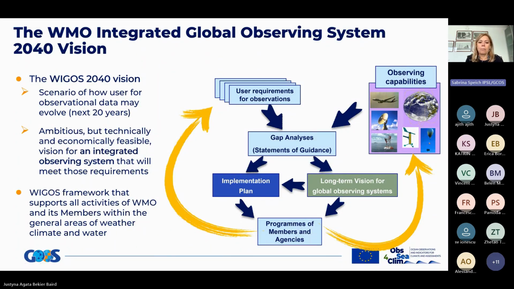So it has a number of principles and policies, and I invite you to take a look at all the documentation that is on the WMO website. But it also has a chain loop where you see the observing capabilities, how they are related to the user requirements, with arrows that go on to gap analysis, implementation plan, long-term vision, and programs of members and agencies.